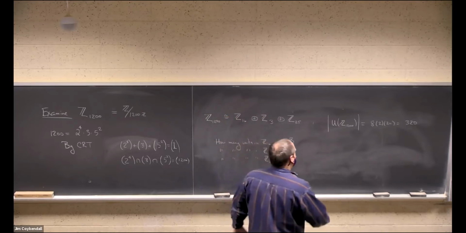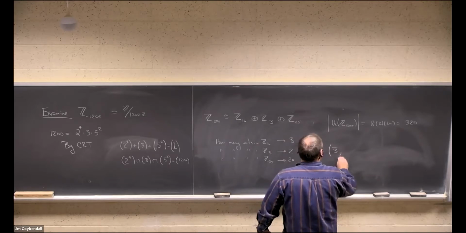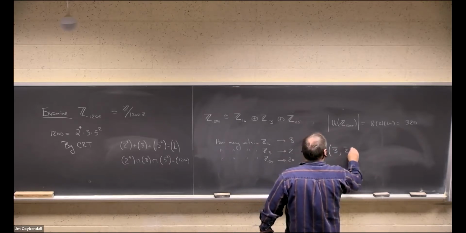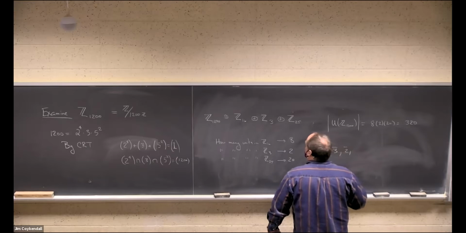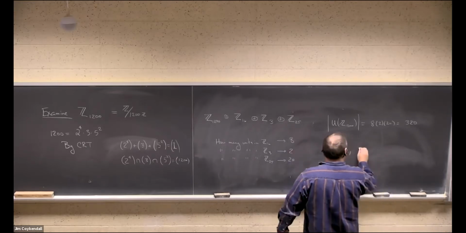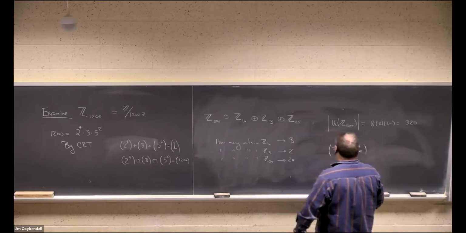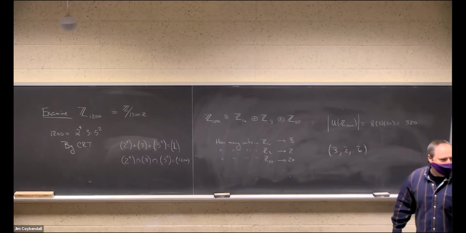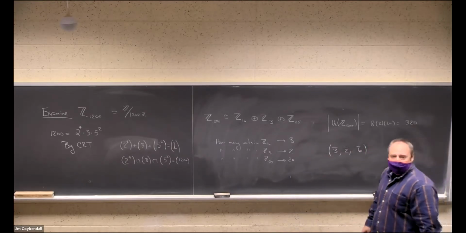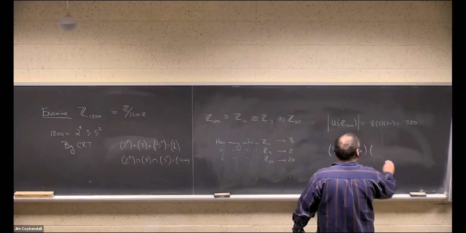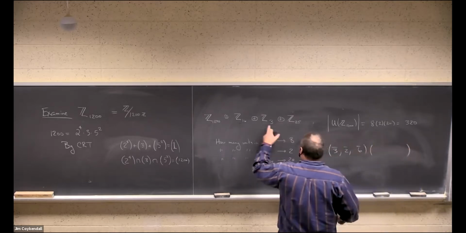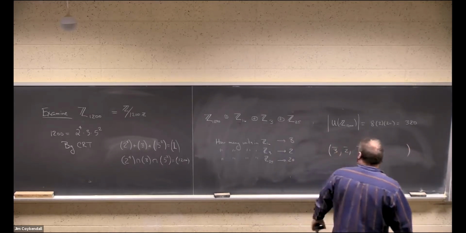So for example, if you have 3 bar, 2 bar, and something like 6 bar here. I mean, how obnoxious is this? They've all got factors in common with each other, right? But remember, what the multiplication does is it is coordinate-wise. There's no crossing over, right?